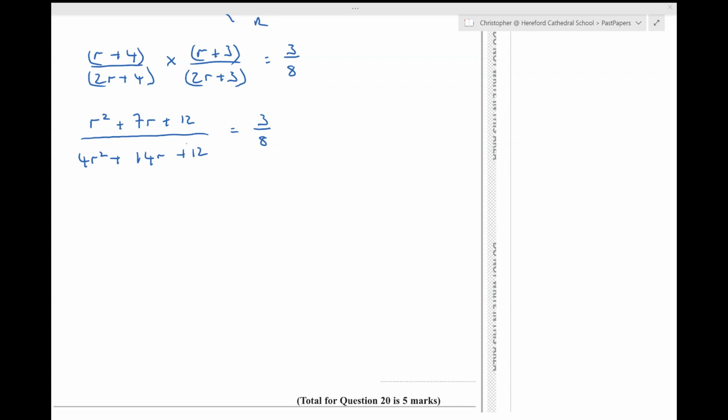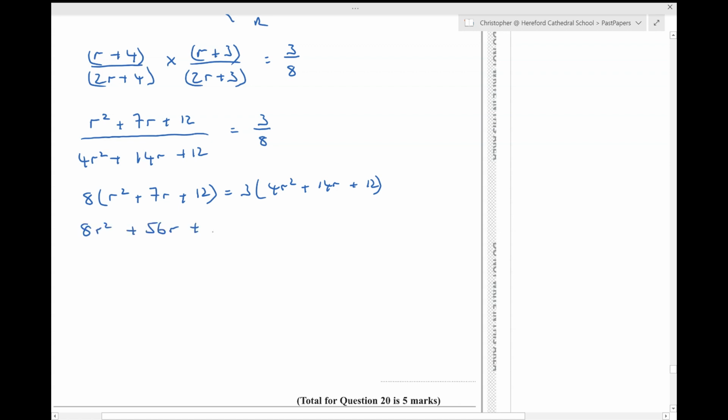So I'm going to end up with 8 lots of R squared plus 7R plus 12, and that's going to equal 3 lots of 4R squared plus 14R plus 12. Right. Multiply out the bracket. 8R squared plus 56R plus 96 equals 12R squared plus 42R plus 36.